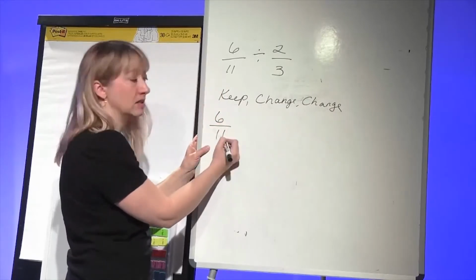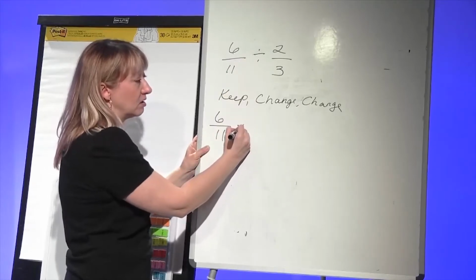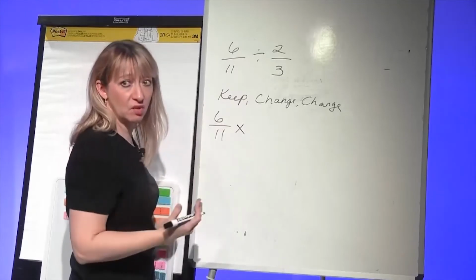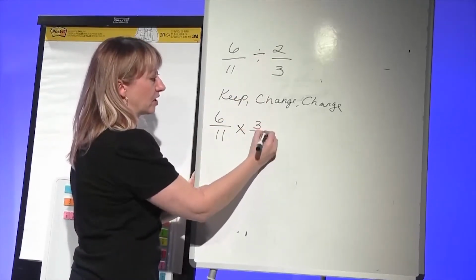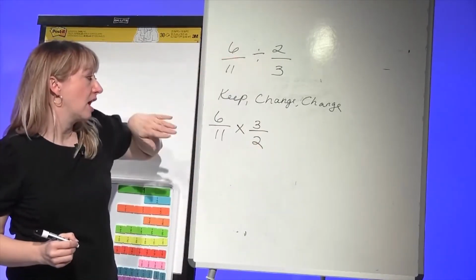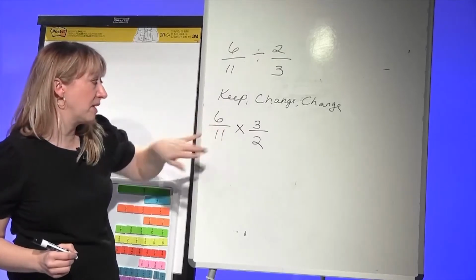So just rewrite it. This division, you're going to change it to multiplication. Because again, I'm just multiplying by the opposite because division and multiplication are opposites. I'm going to flip this fraction. So 6/11 divided by 2/3, I just rewrote it as 6/11 multiplied by the opposite.